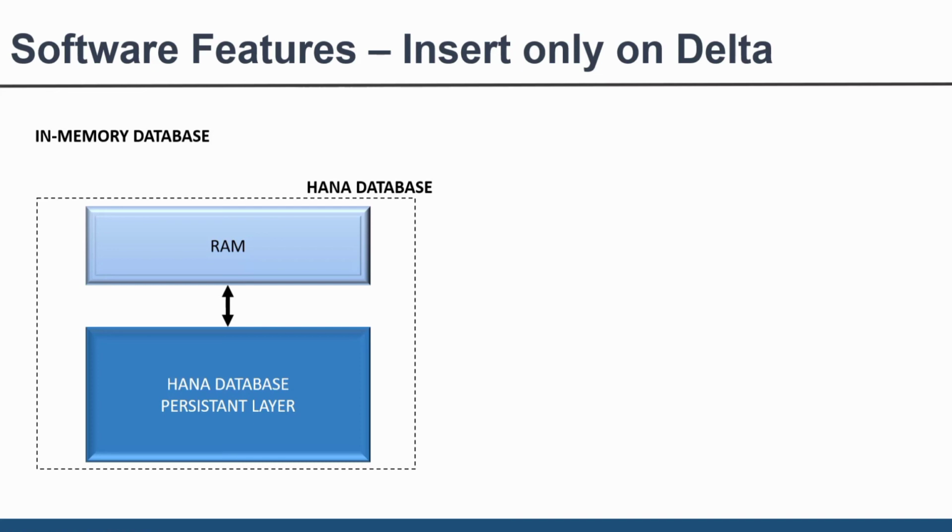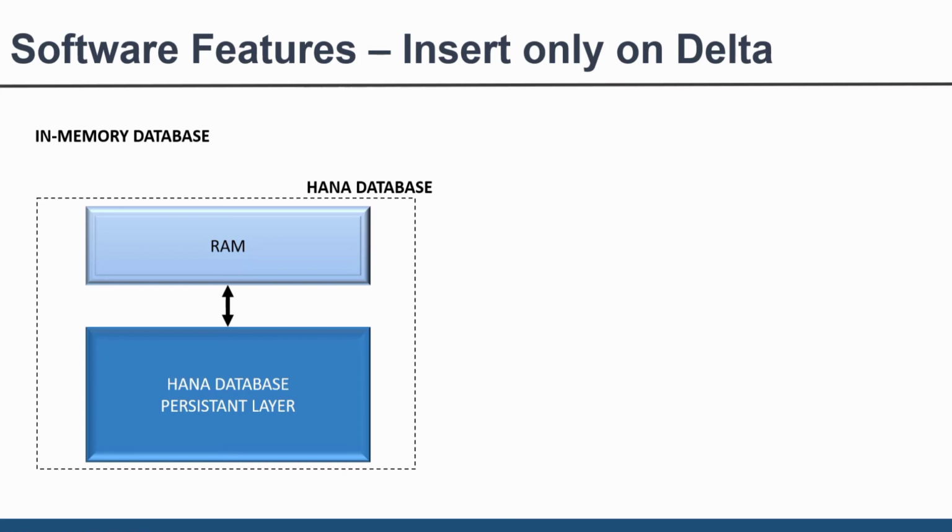And obviously you know RAM is a volatile memory. If the connection goes off, whatever data you have in RAM, you will lose that data. So in case of HANA, all your data, all your tables are permanently stored in the persistent layer.